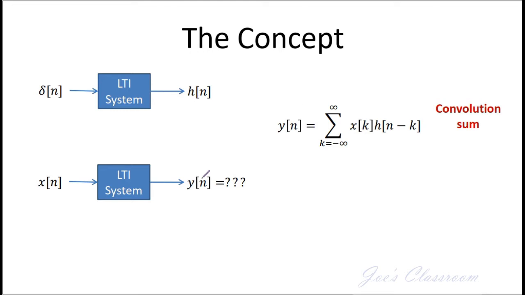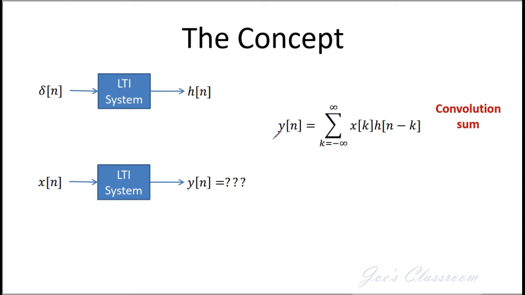Therefore, to find out this y of n, what I should know is this x of n and h of n. Or otherwise, I can say that to find out the response y of n for an arbitrary input x of n, the only thing that I should know is h of n.